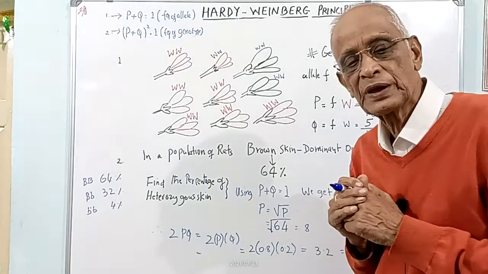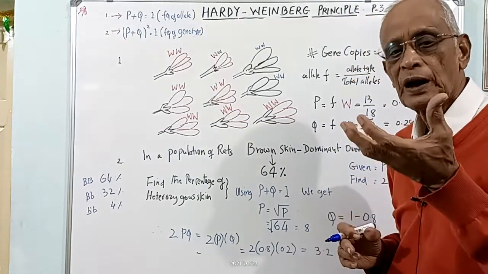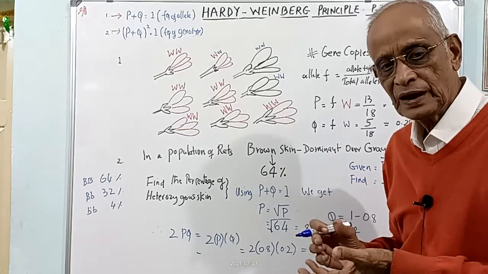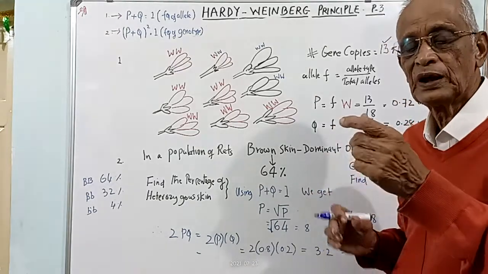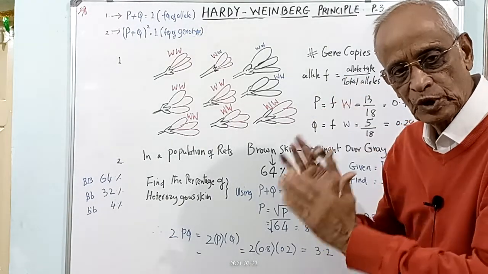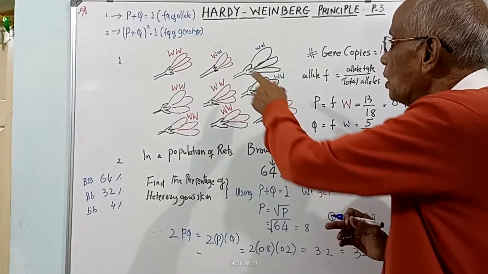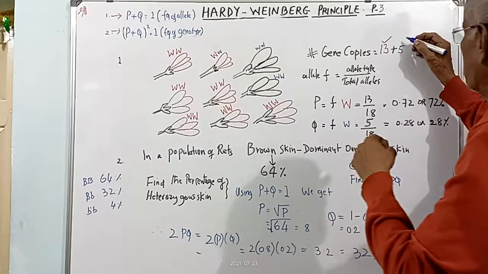Now let us count the gene responsible for the recessive trait, the white color. Let's count the alleles in the genotype. We have 1 here, 2, 3, 4, 5. 5 is given.